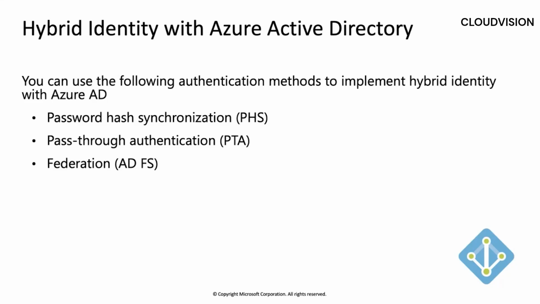So implementing these authentication methods is very, very important. All right. And for the identity synchronization, they're using Azure AD Connect. I repeat it again, Azure AD Connect has to be configured.